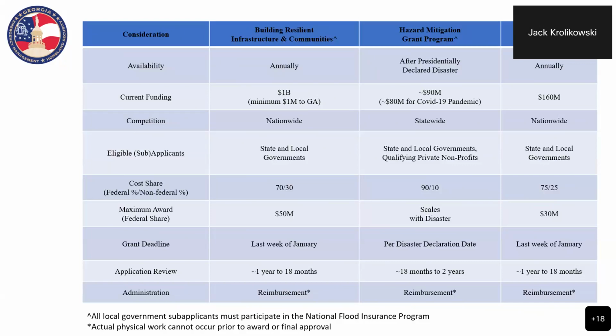Last line, administration, just want to highlight here with the asterisk there about reimbursement. So no physical work can start prior to the award. Similarly to the line above it, that puts pressure on local governments, right? They say, hey, can't we just start and we'll wait on the reimbursement, and even if it doesn't come, the answer is no. That would make the award ineligible per the grant law, if you will.